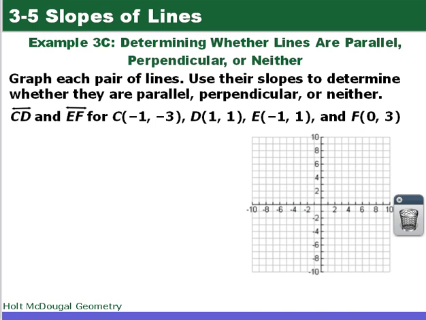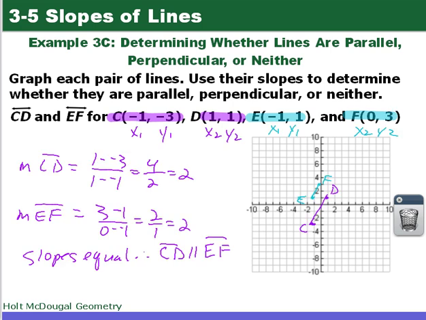All right, another example. Graph each pair of lines, use their slopes to determine whether they're parallel, perpendicular, or neither. We have C and D, and E and F. So we'll plot the points, calculate the slopes, and figure out whether they're parallel, perpendicular, or neither.